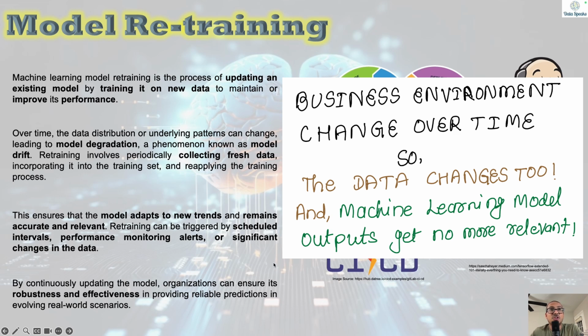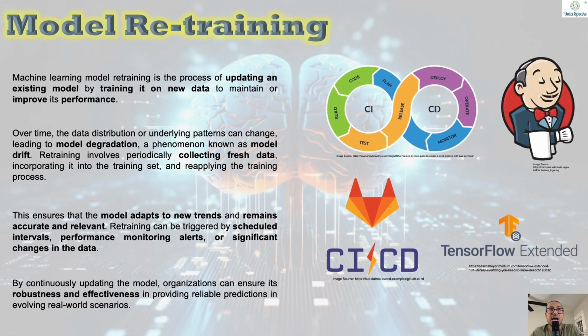That is the reason you may want to take the model out of production, retrain it, make it relevant to the current situation, and then push it back to production. That's a very important step of the machine learning and data science project lifecycle. You may want to consistently perform model monitoring and also retrain the model based on changes in the situation, business process, and internal and external environment within or around the organization.